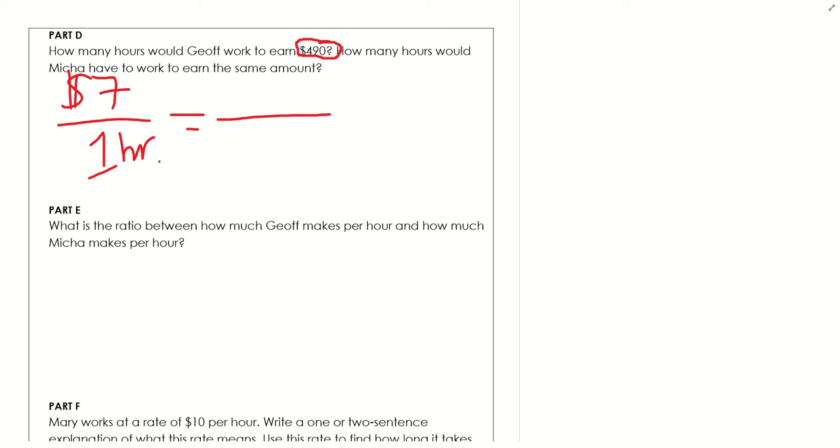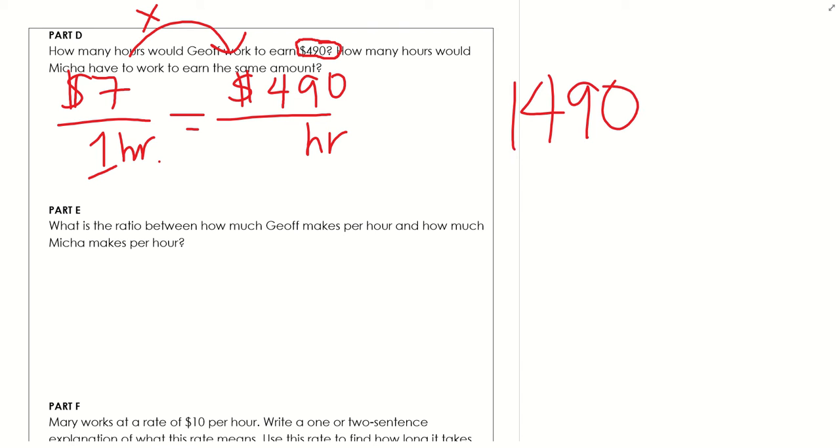And then I need to set that equal to more dollars over hours. I know the dollars I want to earn, so I can write that down. And I'm trying to figure out how many hours I need to work to earn that amount of dollars. So then I have to say, well, what do I need to multiply 7 by to get 490? And I honestly have no idea, which means I need to do some long division. I need to figure out what 490 divided by 7 is.